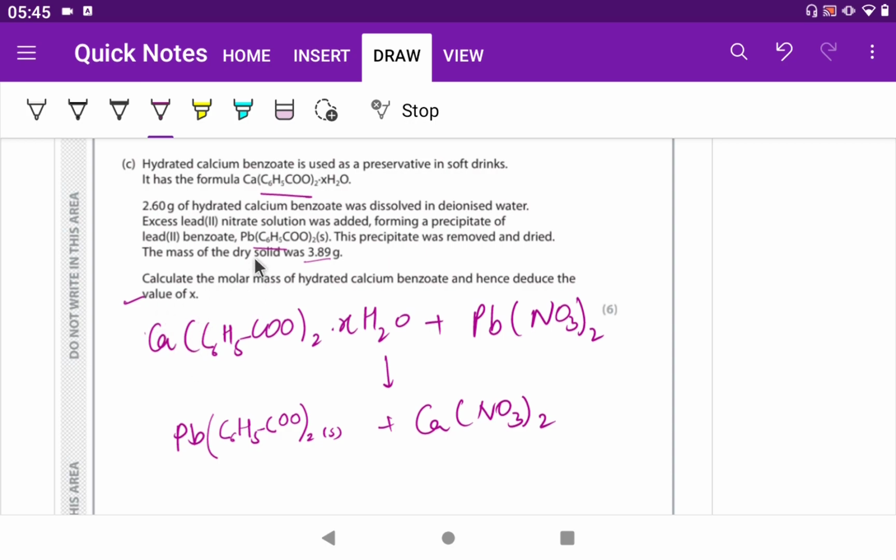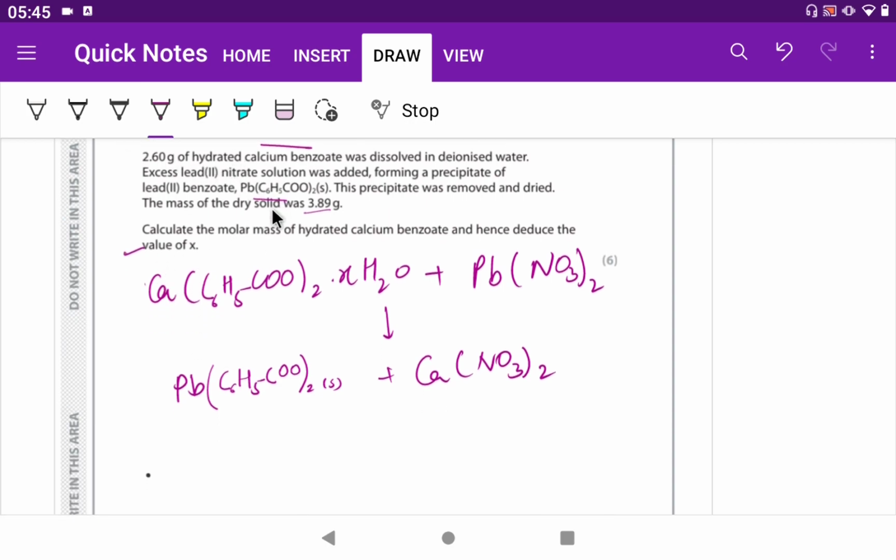Okay, so we know the dry mass of this, so we have to find the moles of it. For finding the moles, I have to divide this mass by its Mr. So its Mr is about 449.2.